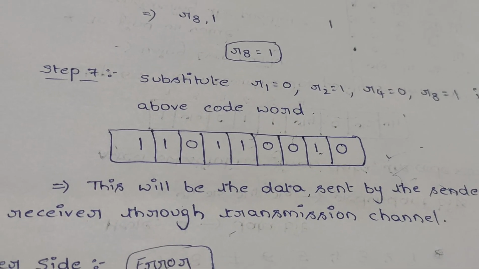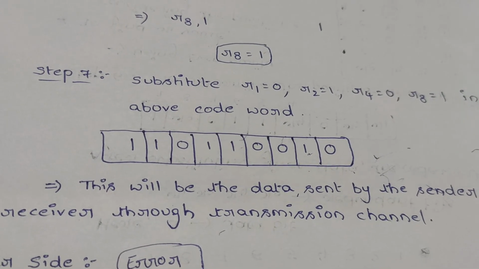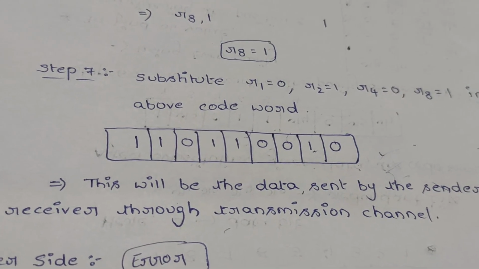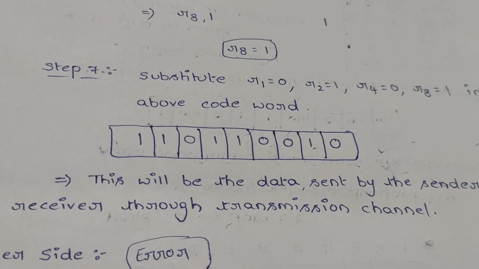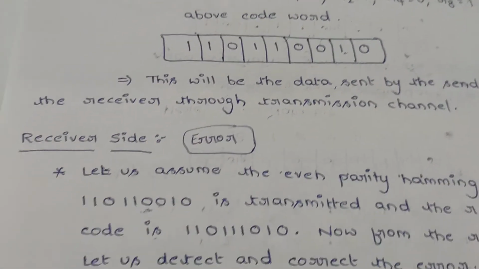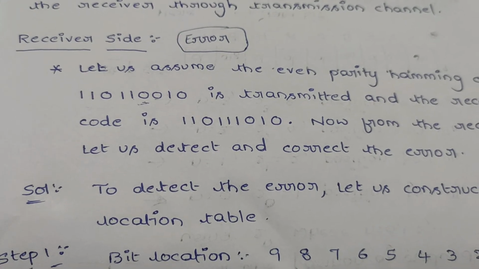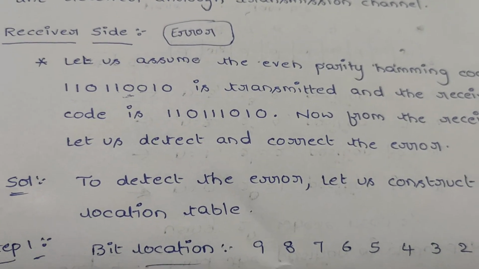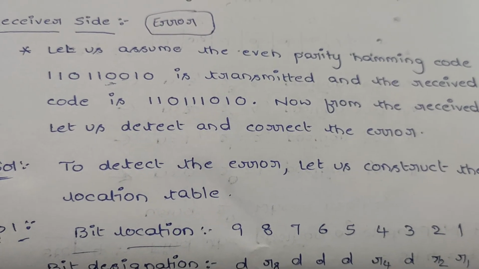Now at the receiver side, how will it detect the error and how will it correct the data? For example, if the data is received by the receiver with a single bit error, how will it detect it? So here is the concept. At the receiver side, if the data is received with an error, let us assume the even parity Hamming code.